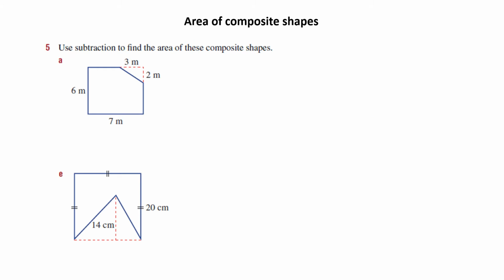We're looking at subtraction this time. So in this case, I've got an area of a square, let's go ASQ, and that's going to be 6 times 7. 6 times 7 is 42 meters squared. And then I've got an area of a triangle, but I'm going to subtract that one. But let's actually work that out.